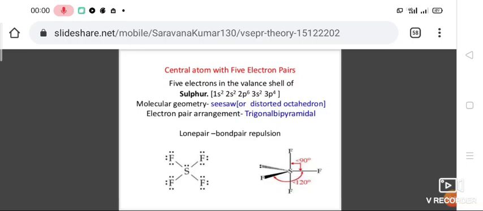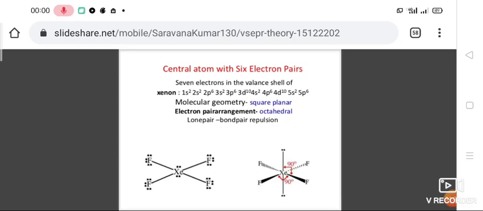If you observe the structure and see the lone pair of electrons and the arrangement of other atoms, if you see the shape, clearly you can explain the reason. You can see this one and you can explain the reason.